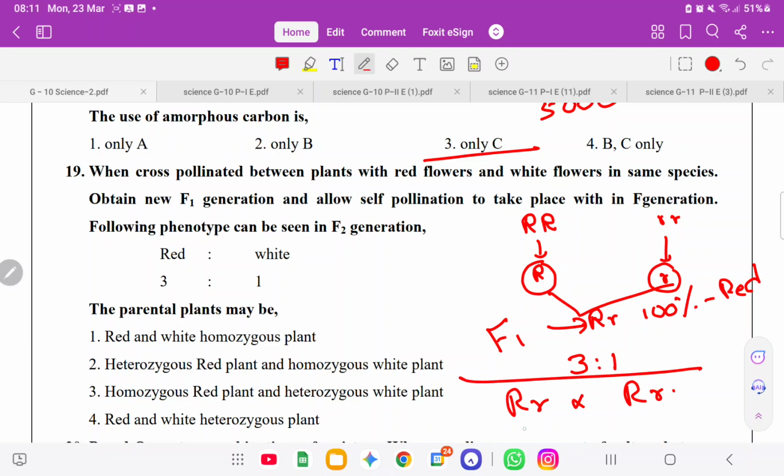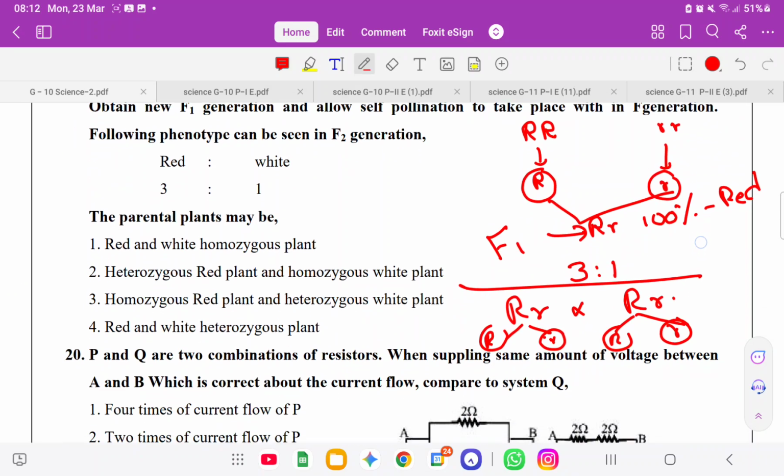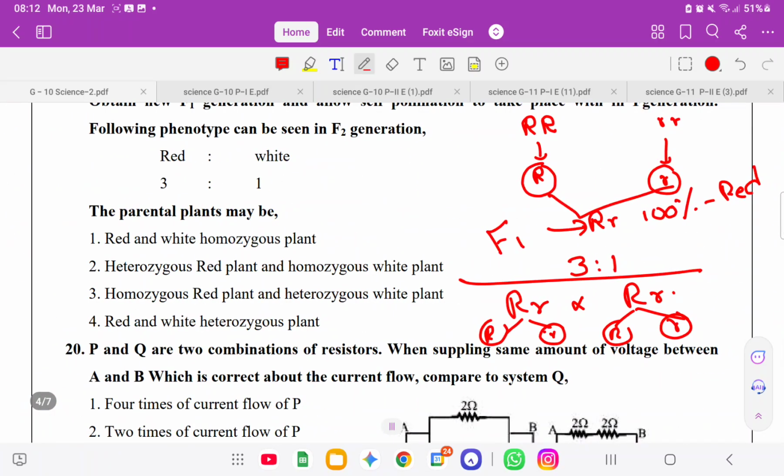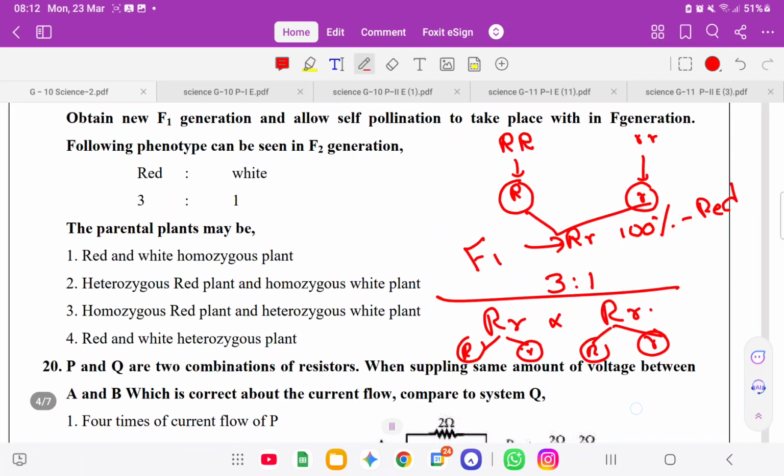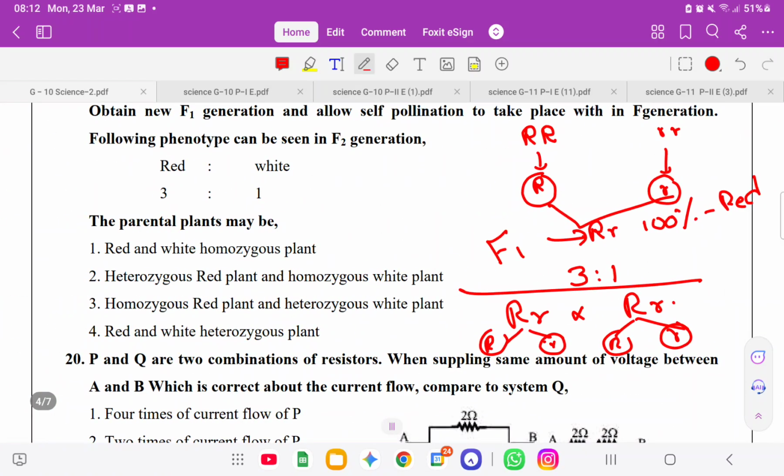When you make this cross, you can get a 3 to 1 ratio. So just try. I'm not going to, but you need to complete this, and I'll check when I meet you in the physical class. So do this.